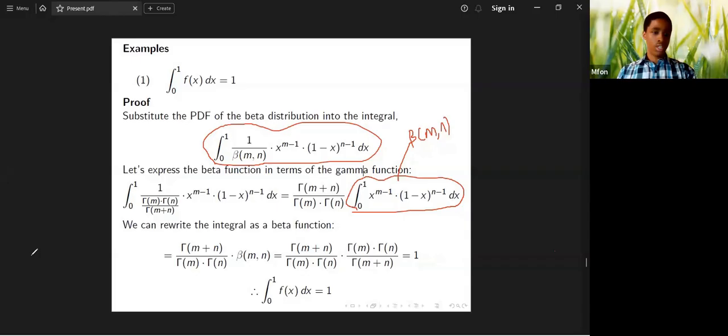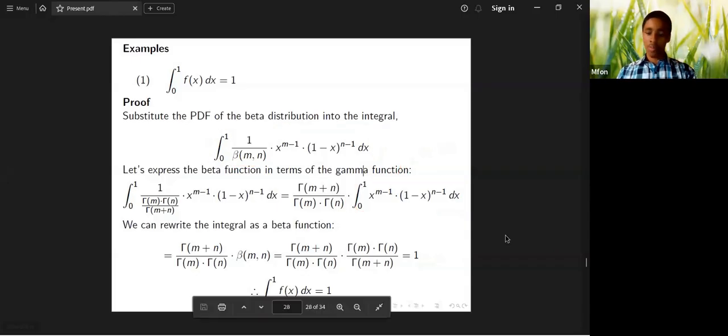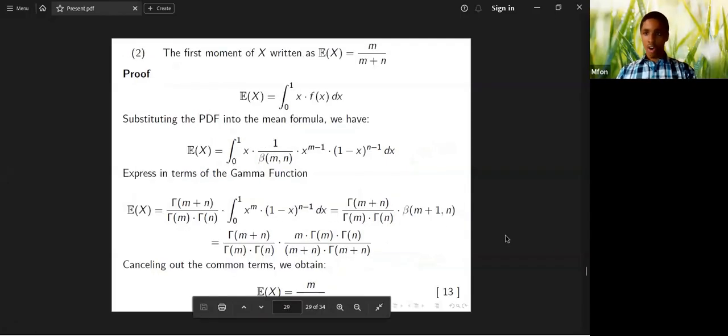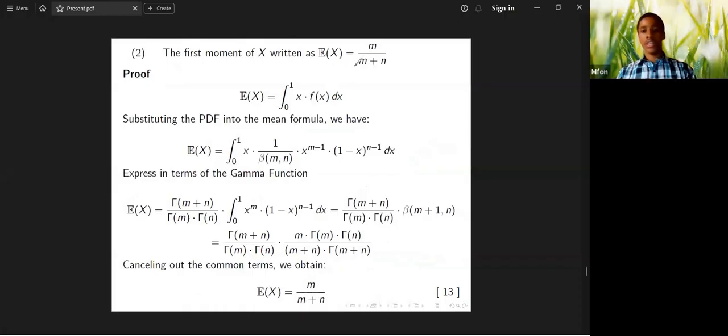Let's go to the next one, which is the first moment of a random variable x under the beta distribution. Here we know that the first moment, or the mean, of the random variable x under the beta distribution is defined as m over (m plus n). So the expected value of x, once again, is x times the PDF of the beta distribution.